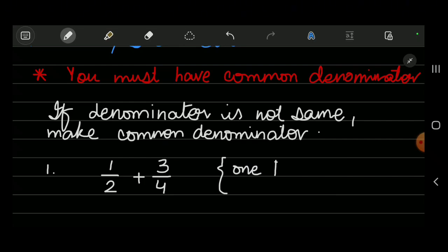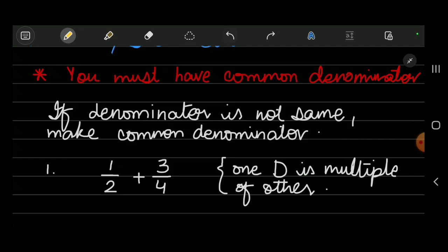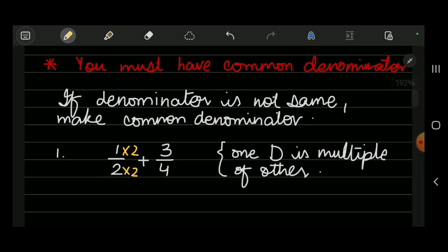So what you will do, simply, multiply this 2 by 2 to get a 4. But you cannot just multiply a denominator or a numerator with a number. If you want to change the fraction and you are multiplying the denominator, you have to multiply the numerator also with the same number. So I am multiplying this by 2.